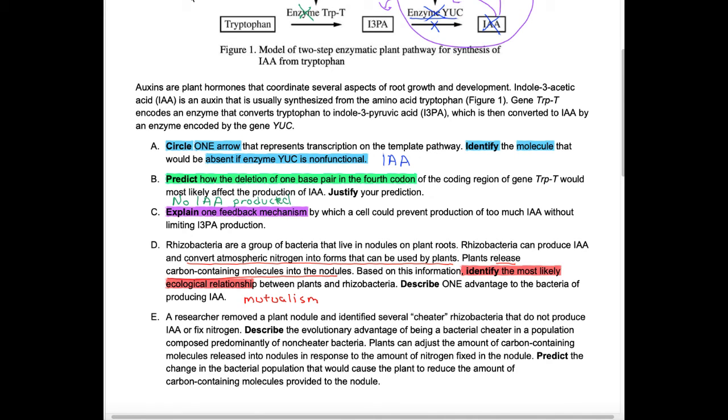The second task that we've got to do for Part D is to describe one advantage to the bacteria of producing the IAA. Well, very simply put, the more IAA they produce, well, we know that IAA is going to stimulate root growth. So they're going to increase habitat, or you could say it could increase access to resources.